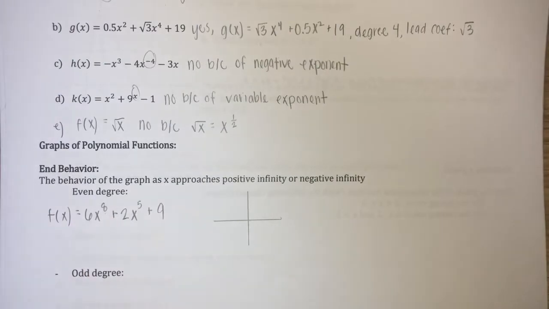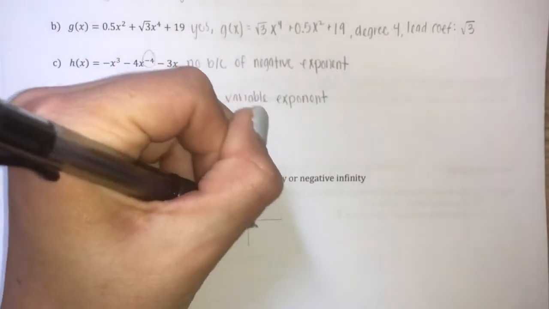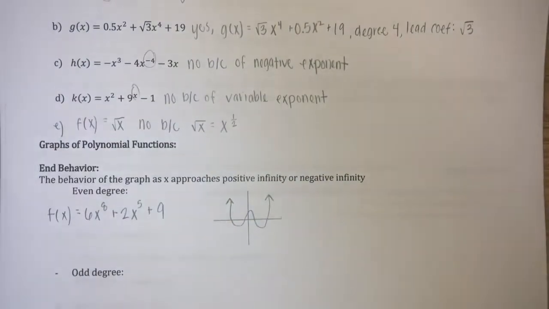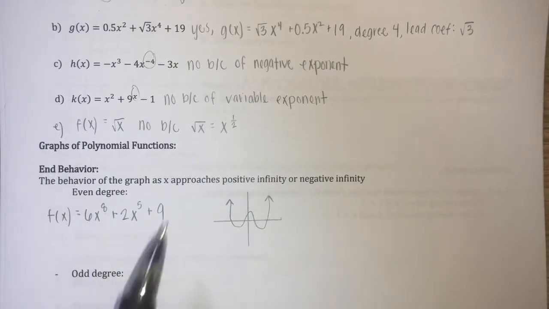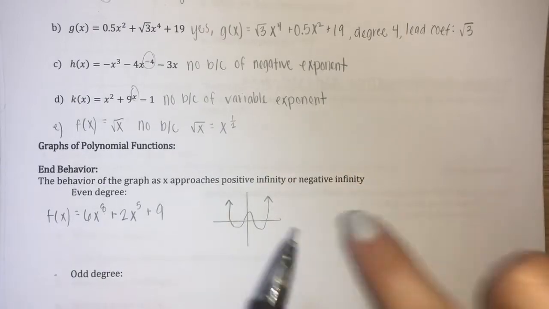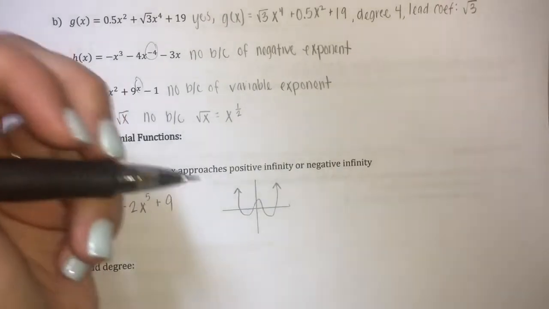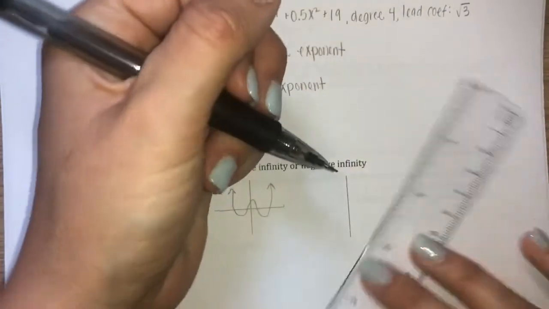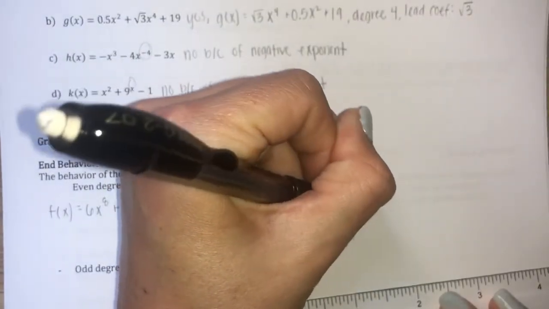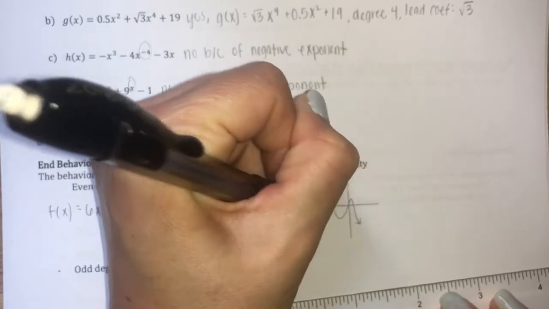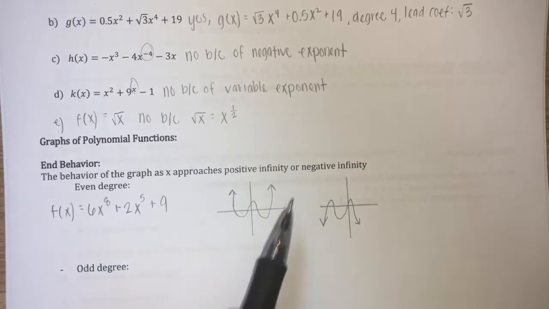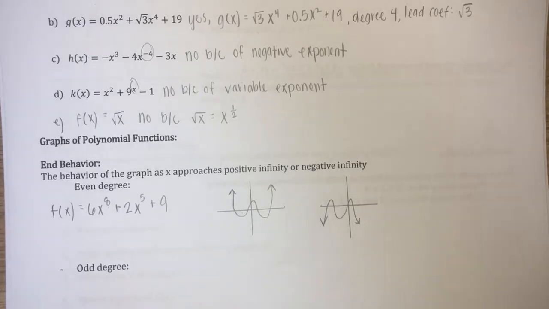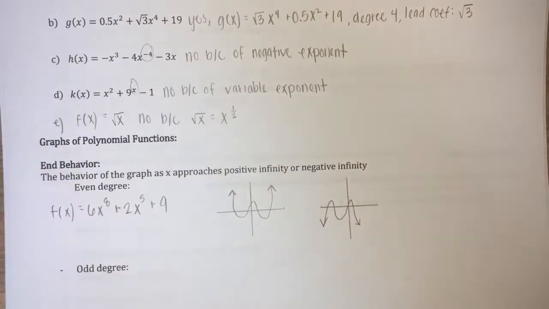It's obviously not going to be this graph, but anytime you have an even degree, the graph is either both going to finish up or both going to finish down. So no matter how many bumps and turns there are along the way, if it's an even degree, it'll either both finish up or both finish down.